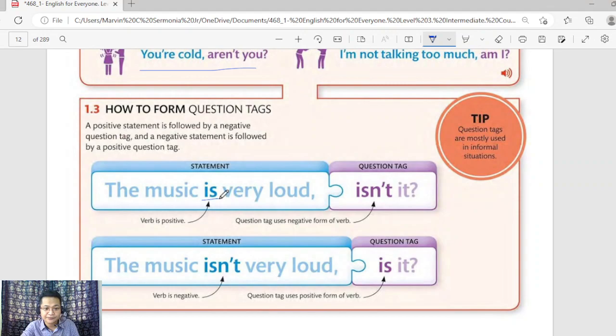And you ask yourself, is this positive or negative? Since the word not is not used in this statement, the verb is positive. Now, it's the rule in question tag construction that if the statement is positive, in the question tag you have to make the verb negative.